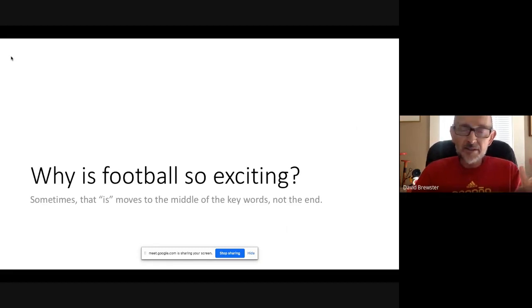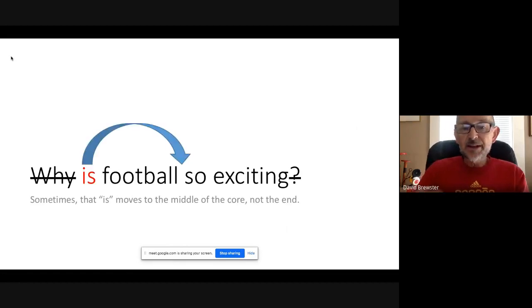This will be obvious. Don't get freaked out by this. Don't feel like, what is he talking about? You'll just naturally do this, but I'm just trying to be clear about what's actually happening. So notice we take that "is" and we just move it to after "football." So now I have, football is so exciting. That can't be the end of my sentence because the question is why. So here you did need to explain because the question asked you to explain by asking you why.